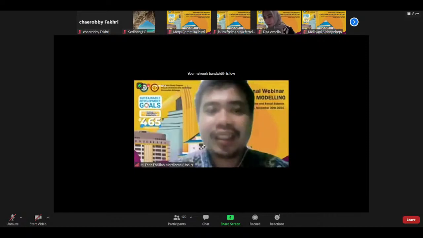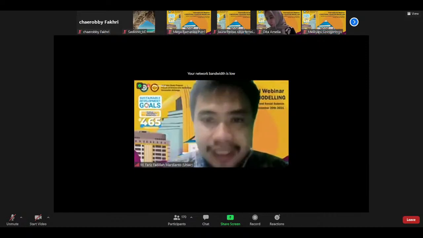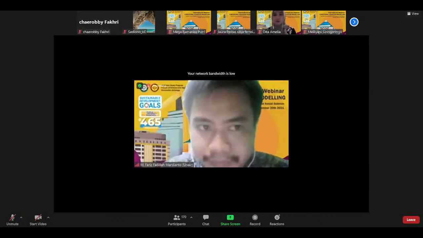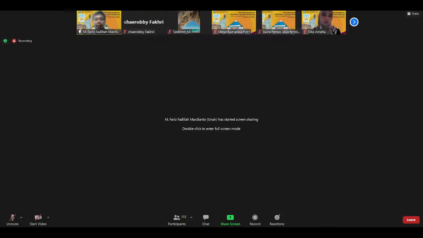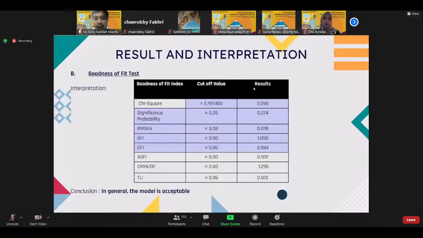And then this is the goodness of fit test. To make it easy, you can make a table. Most of the goodness of fit indices related to the result have satisfied the cutoff value.